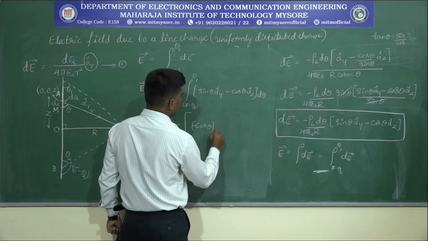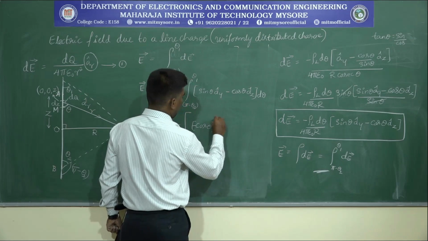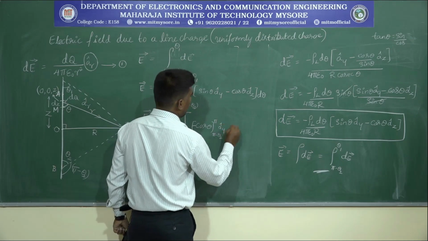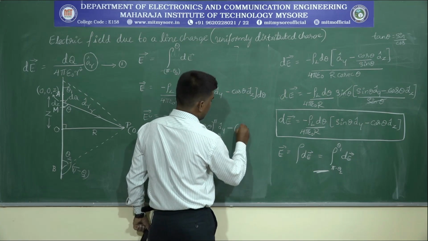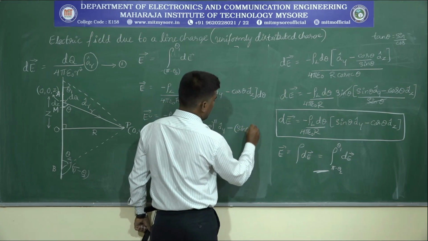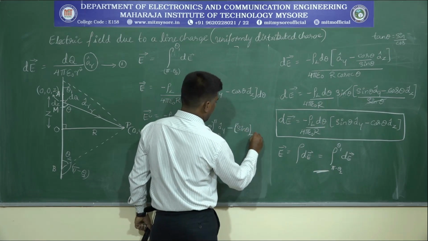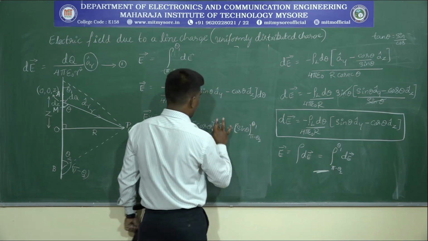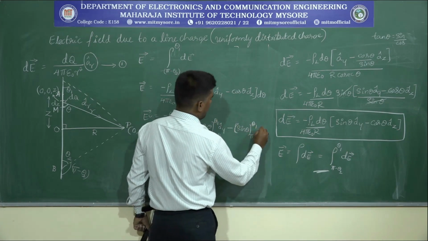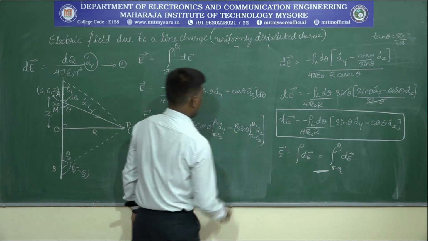Minus cos theta, with the integration limits pi minus theta 2 to theta 1 into a cap y, minus, what is the integration of cos theta? Sin theta, with the integration limits pi minus theta 2 to theta 1 into a cap z. This is the integration limits.